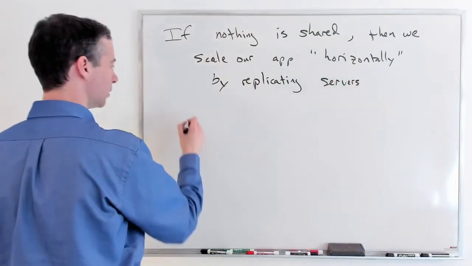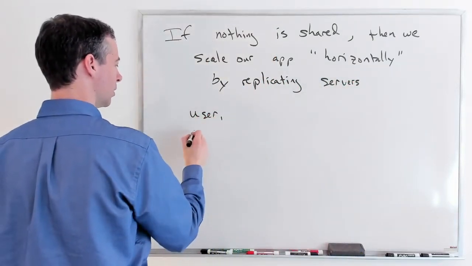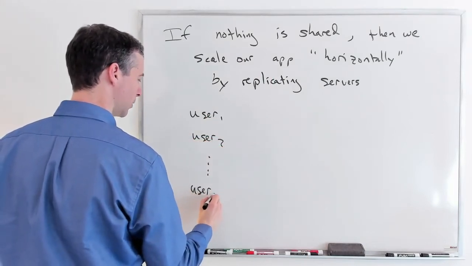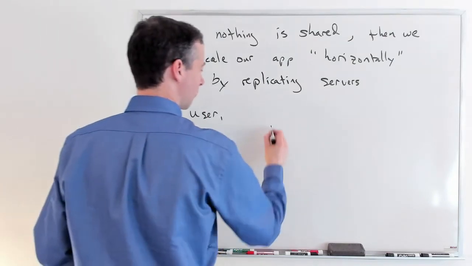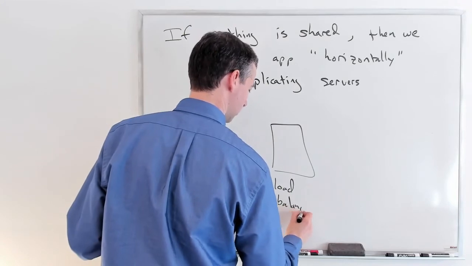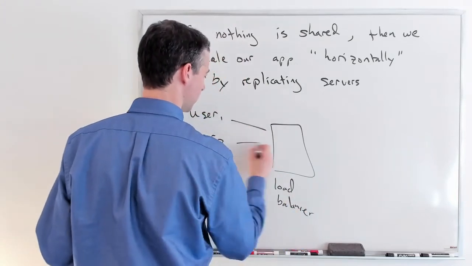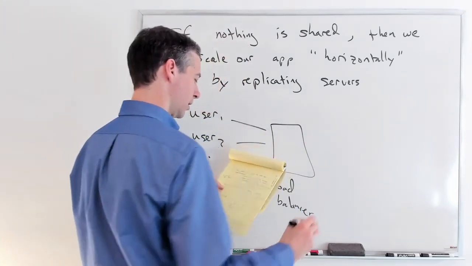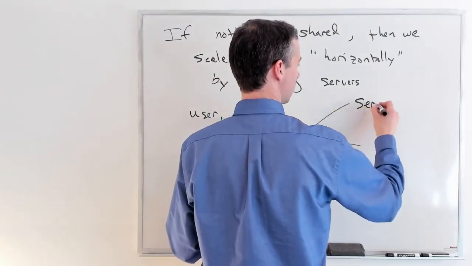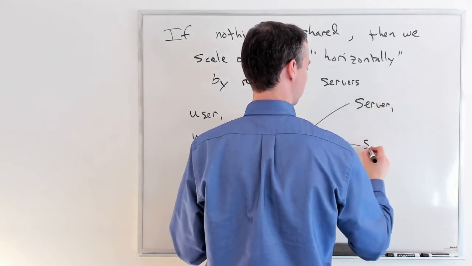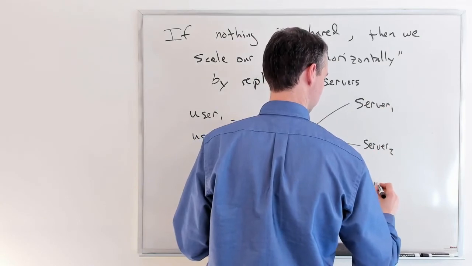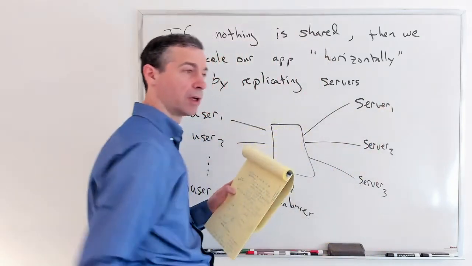And so we get a model instead. User 1, user 2, all the way up to user n. We'll use something called a load balancer. The requests go into the load balancer, and the load balancer balances them across a set of servers, and so forth.